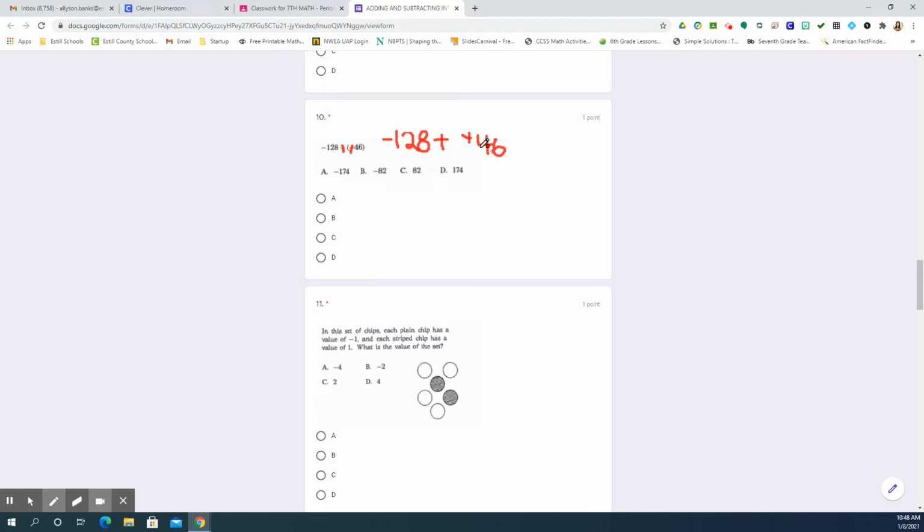Okay, so now we have different signs because it's a negative 128 and a positive 46. That means that you subtract them. That's the rules of adding integers. So you subtract them, and your answer is going to be negative because your negative 128 is further from 0, or the further distance on the number line, than positive 46. So it's going to be one of these two. You guys have to figure that out.